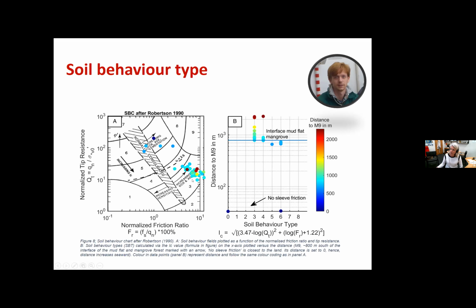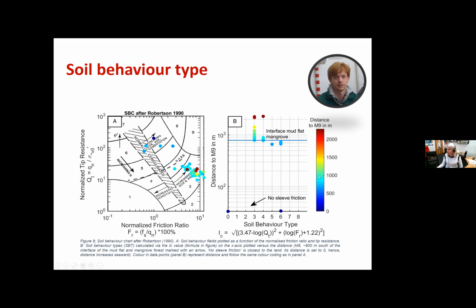And whichever region you lie in on one of these, you get classified as behavior type 1, 2, 3, 4. And most of his measurements classified in behavior 3 or 4 in those soil classes. But the ones that he took in the mangroves, these ones up at the top, were all classed as 6. So it's changed its soil classification completely.